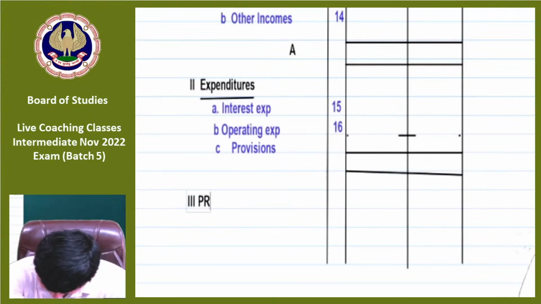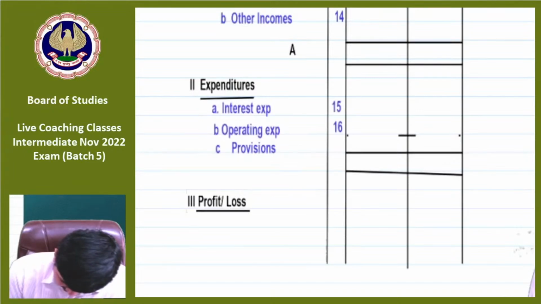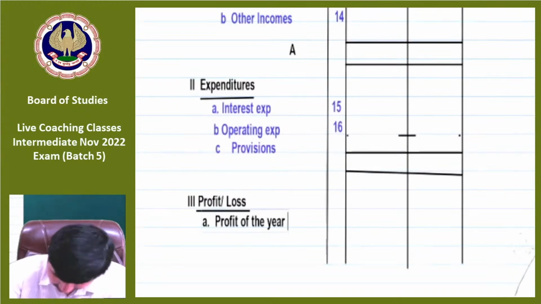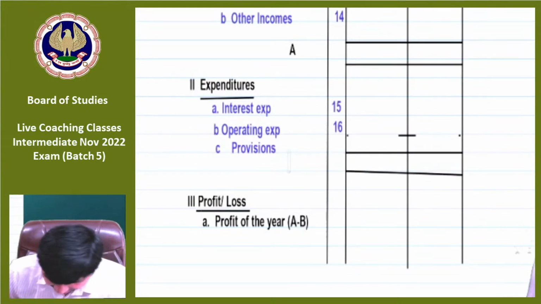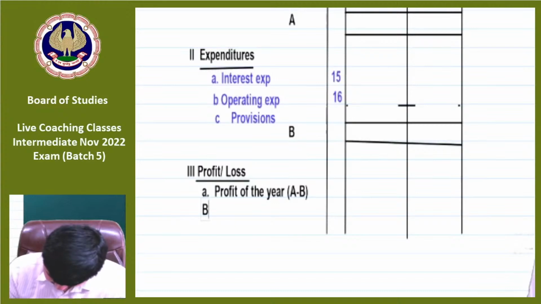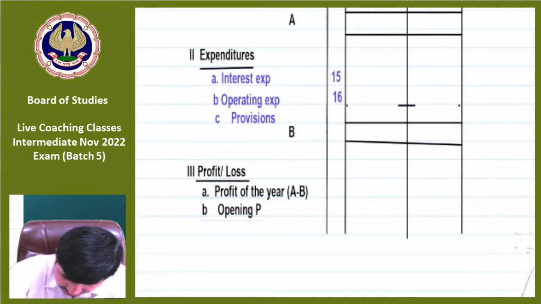That is profit or loss, then A, profit of the year or loss of the year, bracket A minus B. Give here B for the total, in which you will add B part, that is opening P&L account.